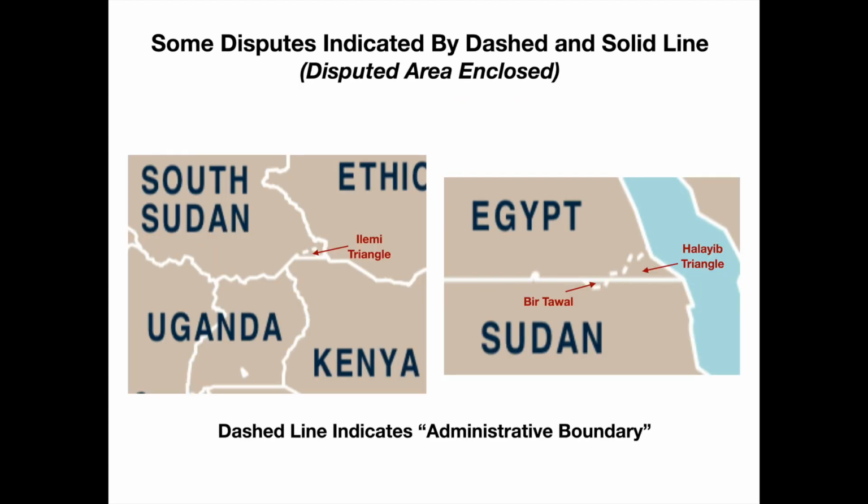Other places on the map, we see disputed territory with a combination of a solid line and a dashed line. For example, between South Sudan and Kenya and between Egypt and Sudan. These territorial disputes arose during the colonial period when the United Kingdom essentially controlled all of these territories in question.